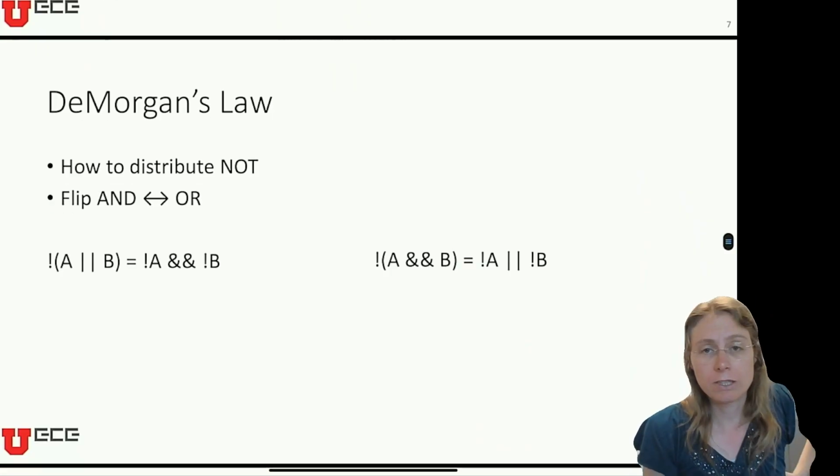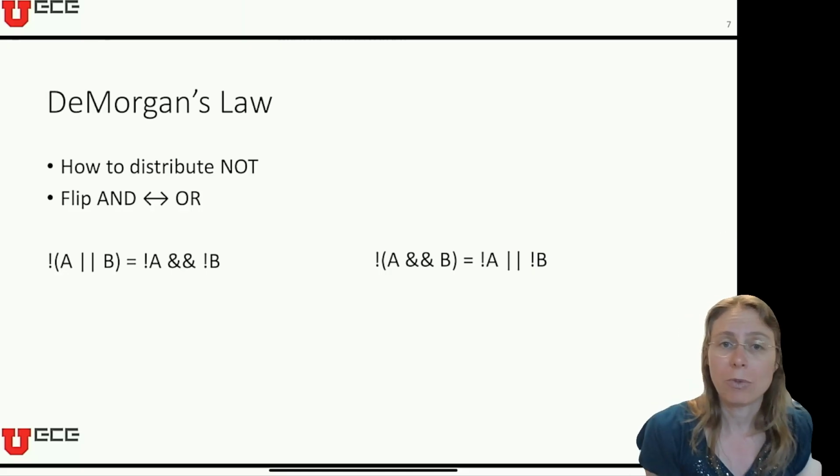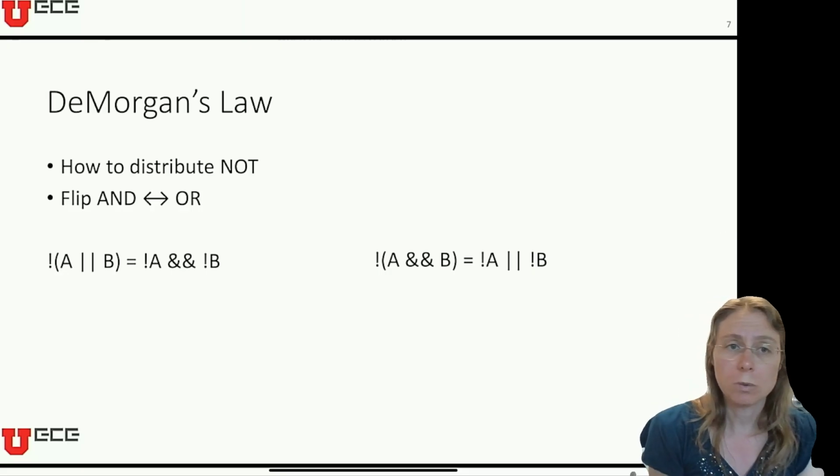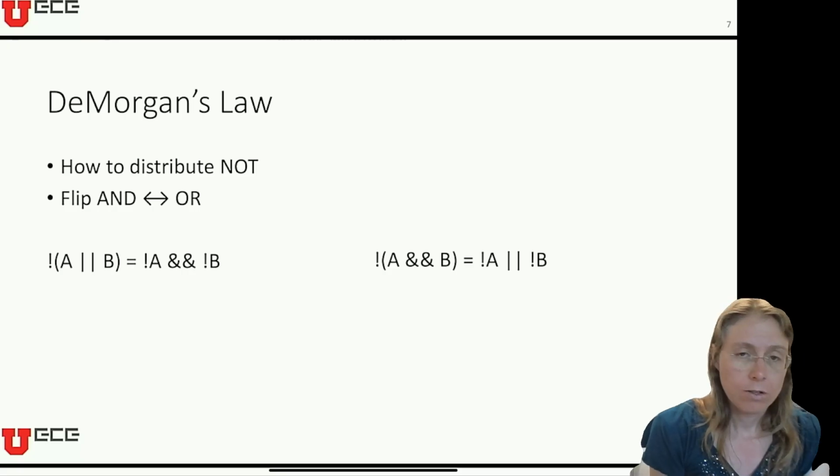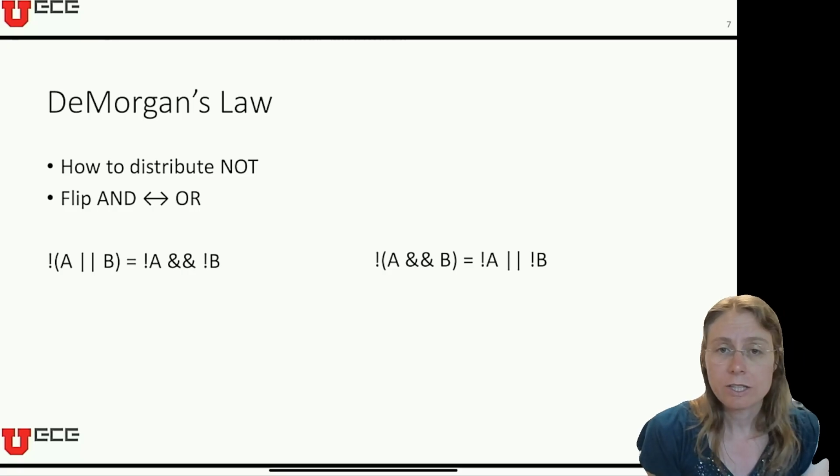I think this is the biggest one you need to be aware of because it's the biggest change from how normal math works. So when you distribute a NOT, you have to flip the logic inside the parentheses.